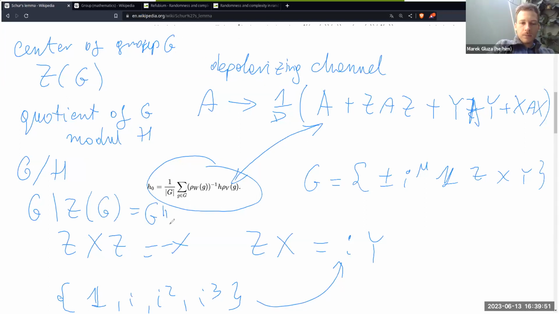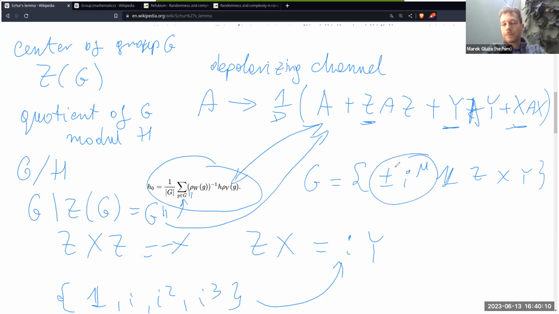And I wanted to say that this G prime prime, if I would consider here, that wouldn't have the phases anymore. So that would be a different group where you quotient out those phases. Okay.